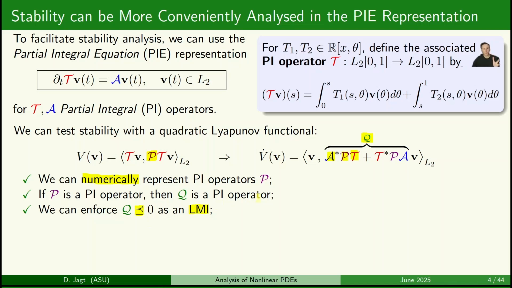So this means that we can test for existence of such a quadratic Lyapunov functional by solving LMI constraints, which we can do using interior point methods.